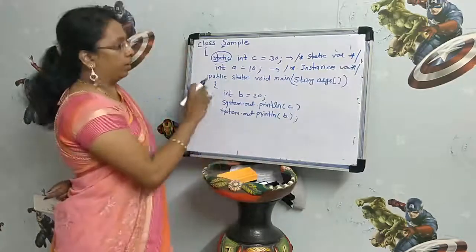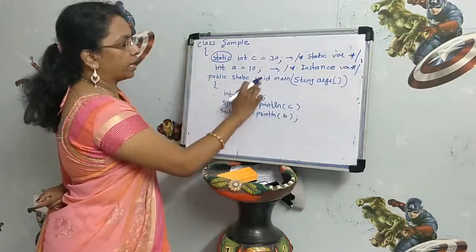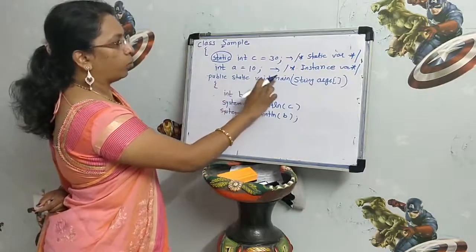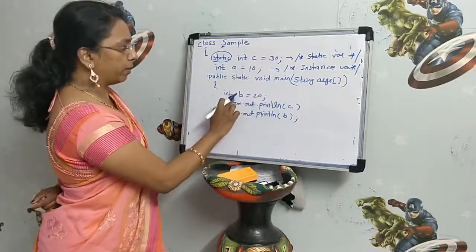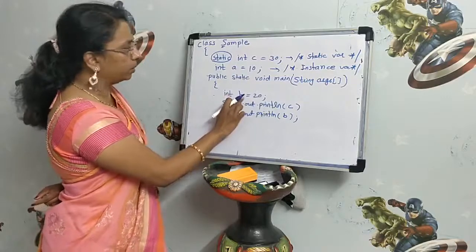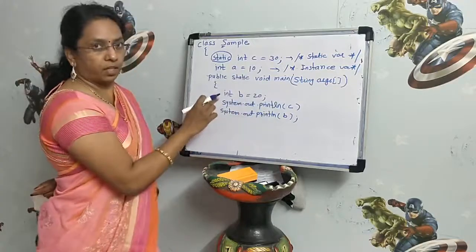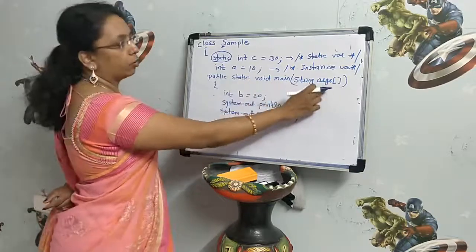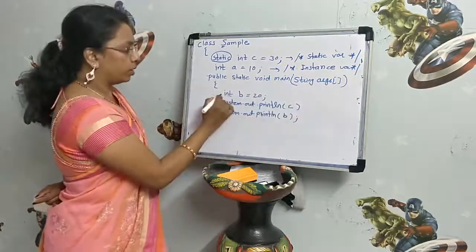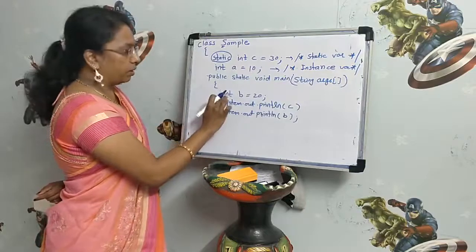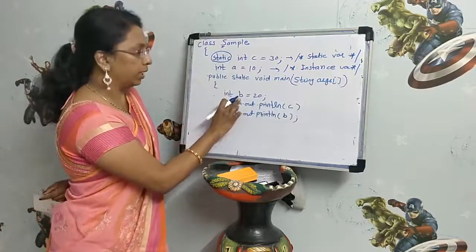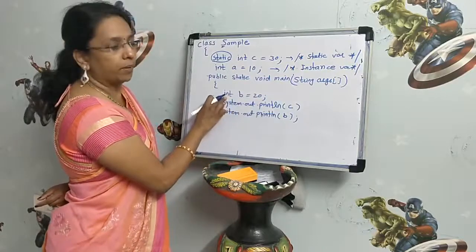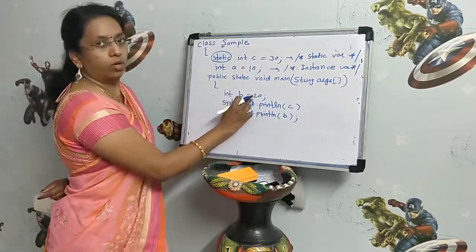Now see, inside the main method, public static void main, this is the method. Inside the method I have declared one more variable. The meaning of this statement we have seen in the previous class, right? What is the meaning of public static void main String args? It is command line, right? So inside the method I have written one more variable b, initialized with value 20, and the type is integer, int b equal to 20.